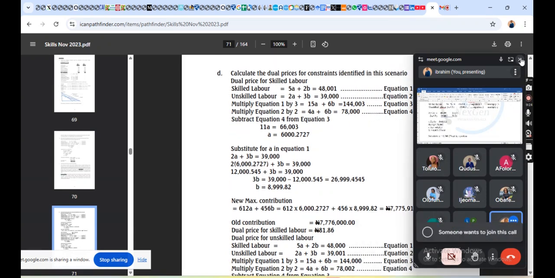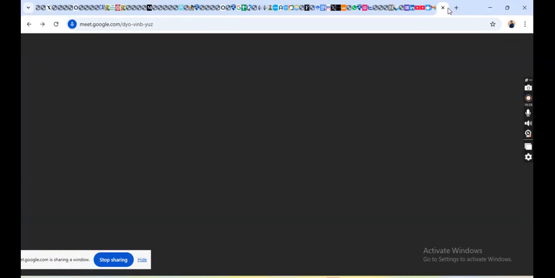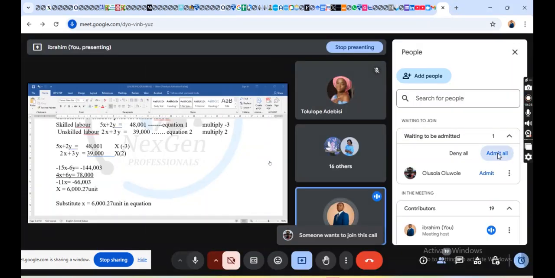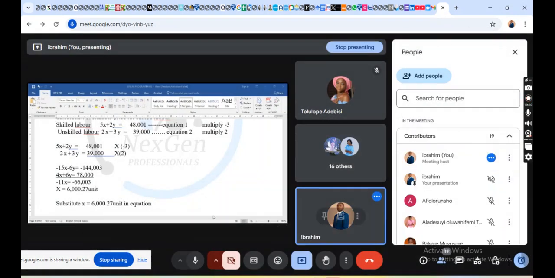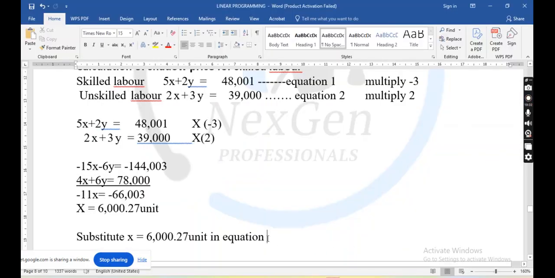That's a very good one. In equation 2, why? Because we already increased equation 1 by 1. So what is our equation 2?